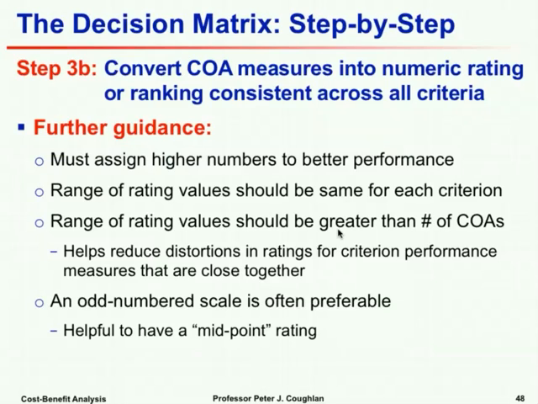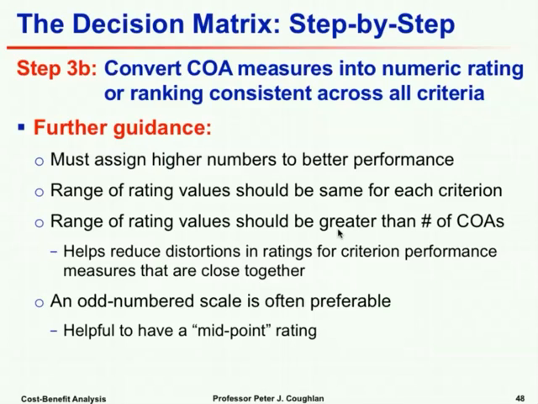The range of rating values should be greater than the number of courses of action, for several reasons. If you have 5 courses of action and you're rating them on a scale from 1 to 5, it's natural to end up ranking them, and that's not necessarily what you want to do for the reasons we just talked about. You're basically dictating how big the gaps have to be.